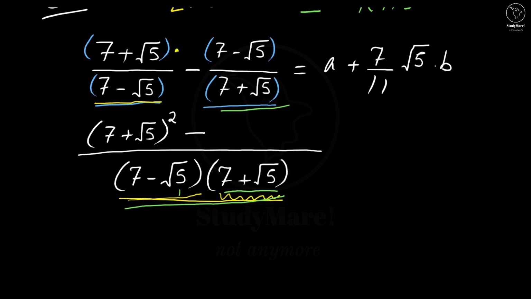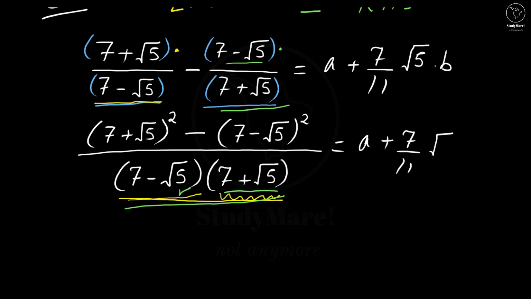We are left with 7 minus root 5, which gets multiplied over here. We already have 7 minus root 5 and we are multiplying this with 7 minus root 5. So we can put a square here also. Right hand side, nothing, just copy it: a plus (7 by 11) root 5 into b.